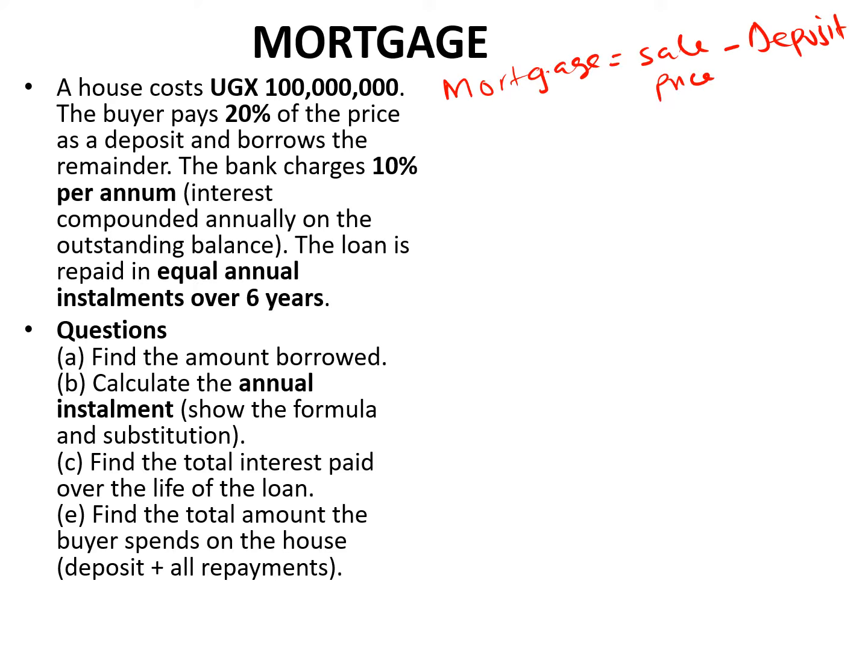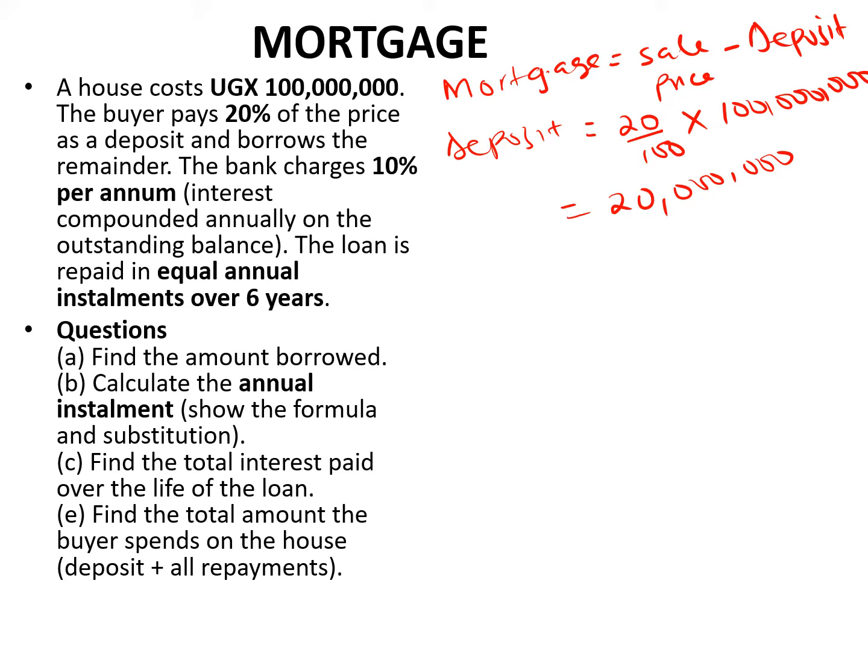So here we say what is deposit first. Deposit is equal to 20% of the price, that is 20 out of 100, times 100 millions. So when I compute, I end up getting 20 millions as the deposit.